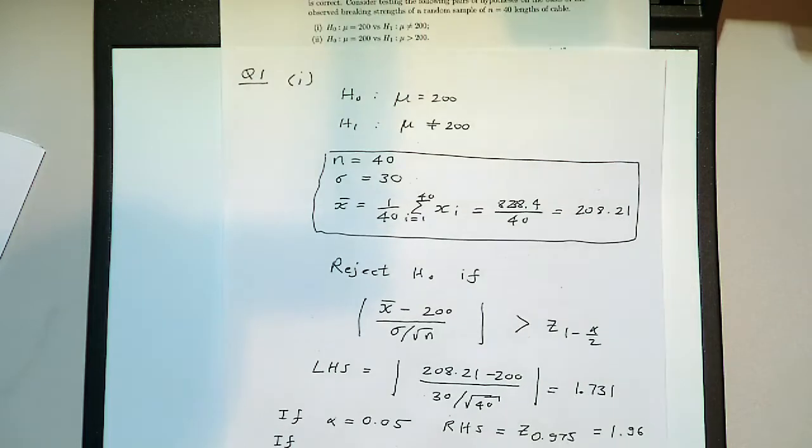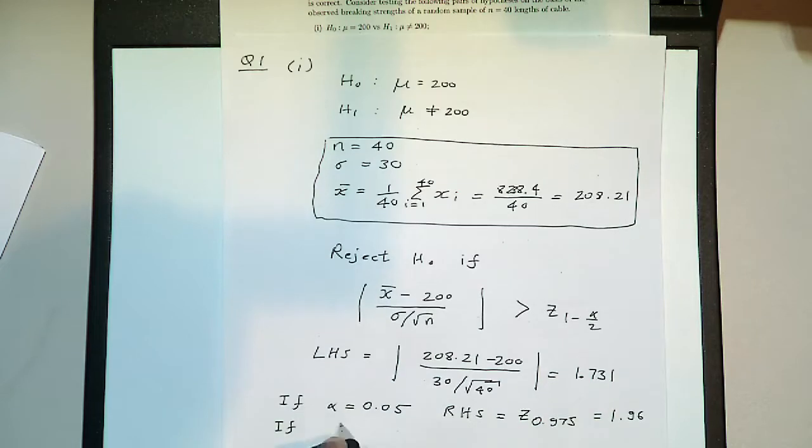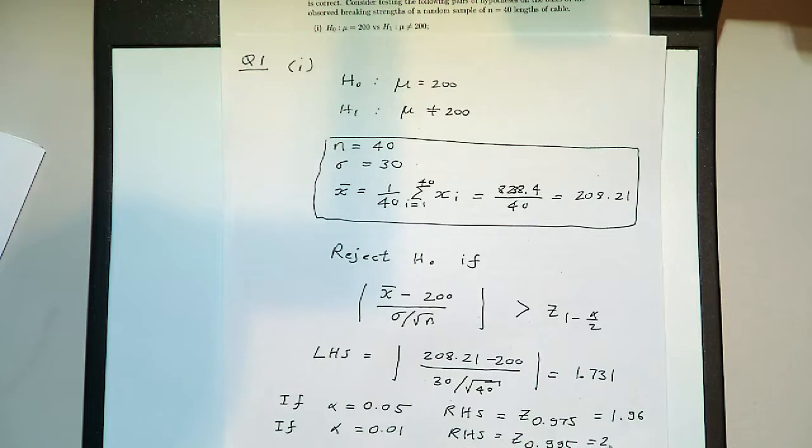By the way, if you just came in, we are just doing question number 1, part 1. If alpha is 0.01, then the right-hand side is at 0.995, which is equal to 2.576.